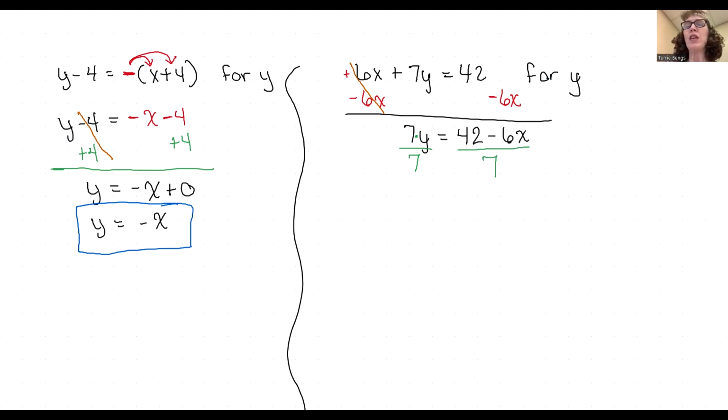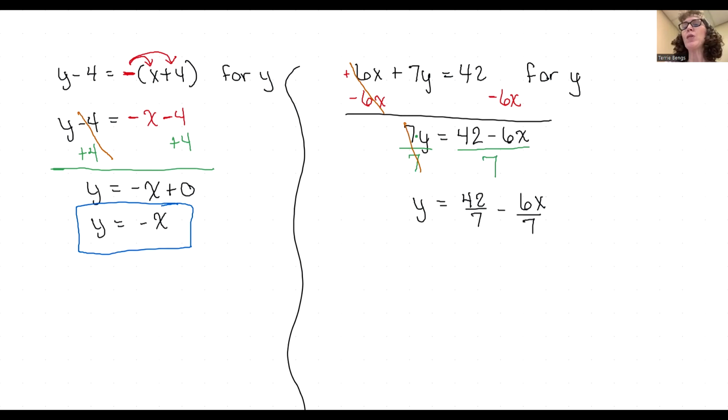That's going to leave us with, we can cancel out those 7s, and that leaves us with y equals, and I'm going to rewrite this just like we've rewritten things before: 42 over 7 minus 6x over 7. We're going to split it out so it's a little easier to divide up. Now we just want to simplify if we can.